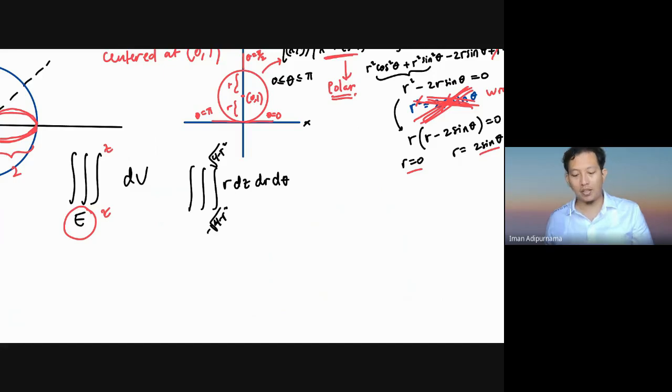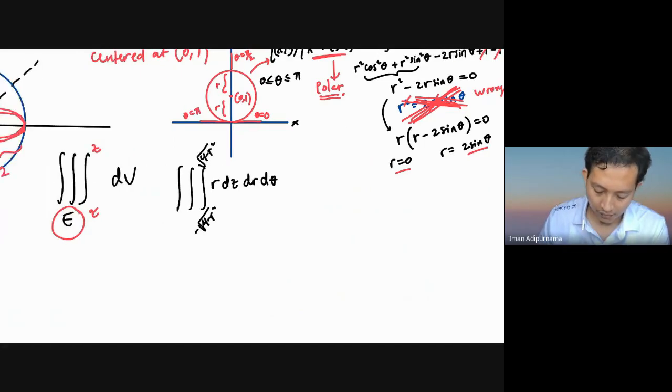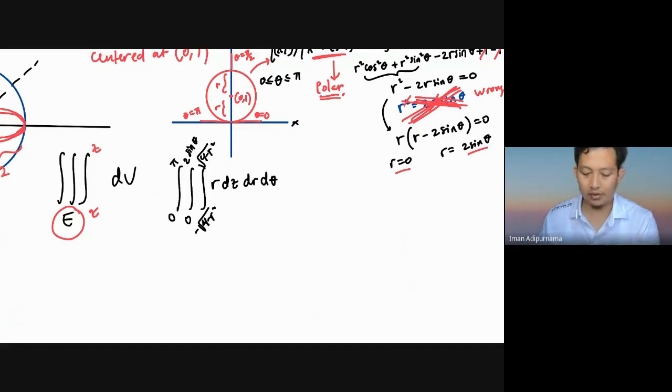So we can have a cylinder, right? And r will be from 0 to 2 sine theta, and theta will be from 0 to pi.